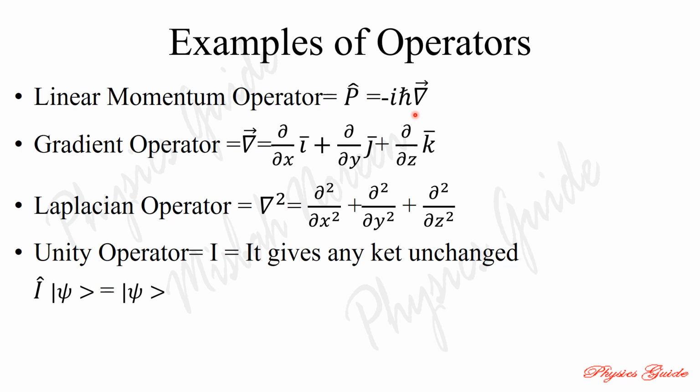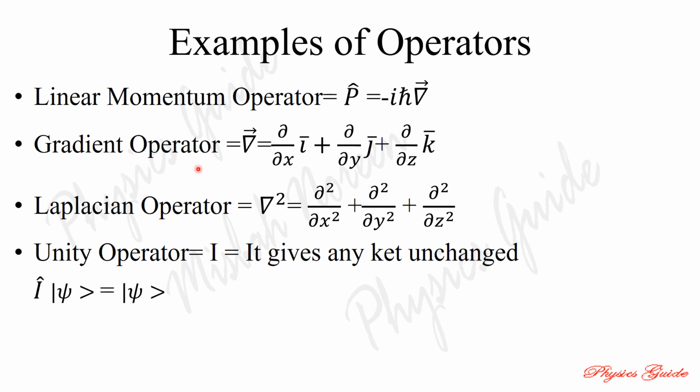And how do we get minus i h-bar del? When we apply an operator on the momentum, then we get this equation. We solve it and we get the momentum operator. We will completely explain and solve this momentum operator in the next lecture.